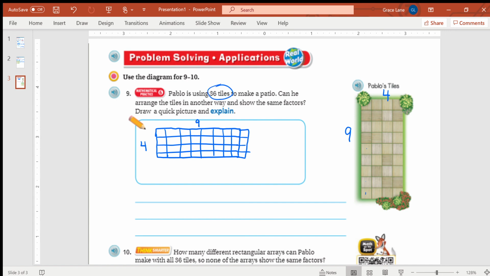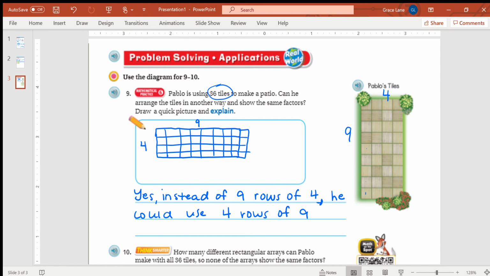So down here, when we explain, we would say yes. You could say instead of 9 rows of 4, he could use 4 rows of 9, which is still 36 tiles.